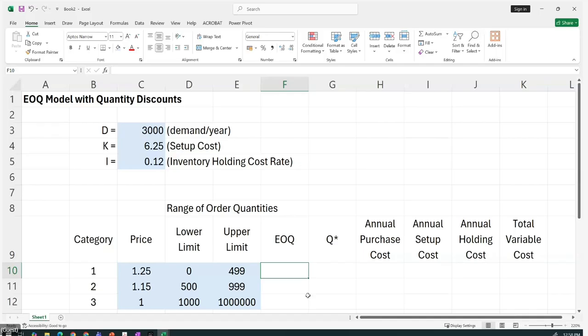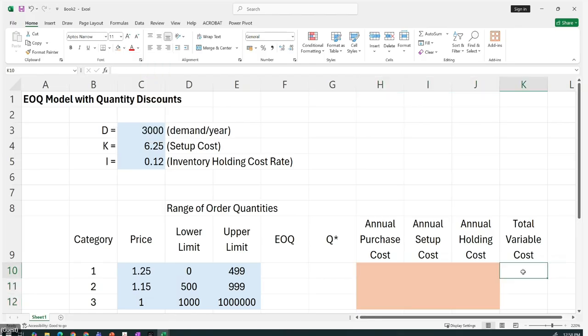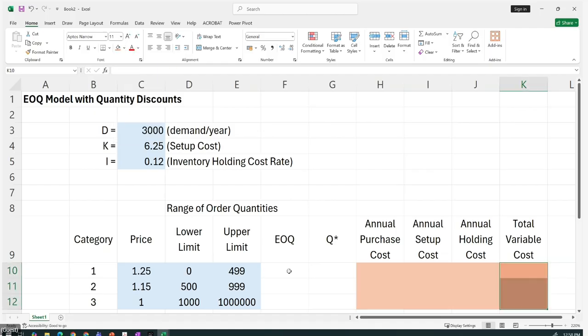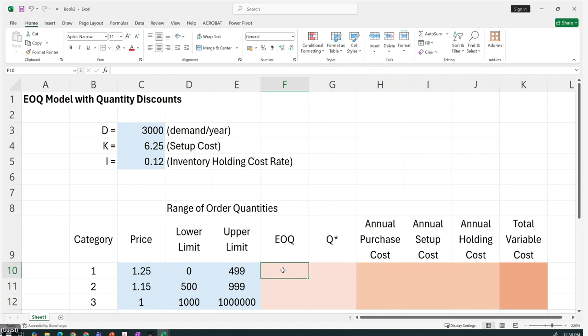Why? Because we need these three costs to figure out the total variable cost. Why do I need the total variable cost? Because I'll have to make my final decision based on the total variable cost. I hope up to this point everybody is clear in what we are doing, right?